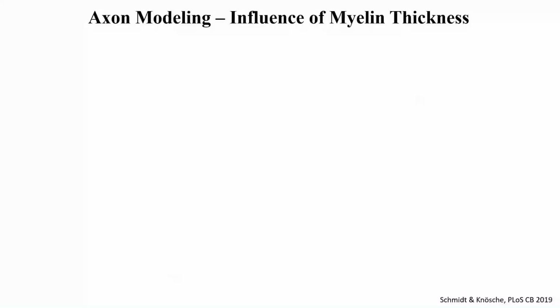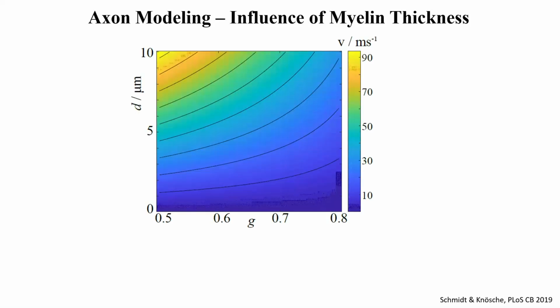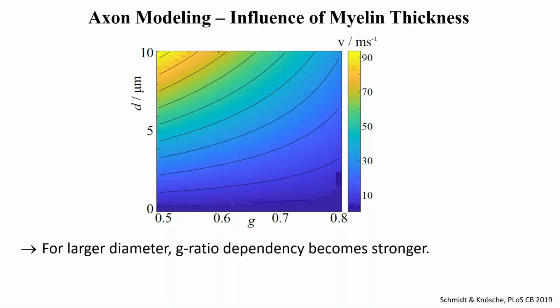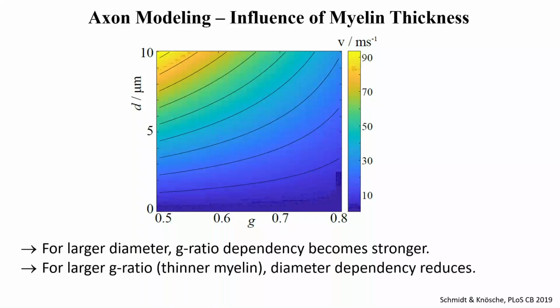And finally, the myelin thickness, so the topic of this symposium. So we get a relationship like this, yeah? If we map velocity against G ratio, which depends on the diameter, as you can see here. So for larger diameters, the G ratio dependency becomes stronger. And for larger G ratio, that means thinner myelin, the diameter dependency reduces actually.